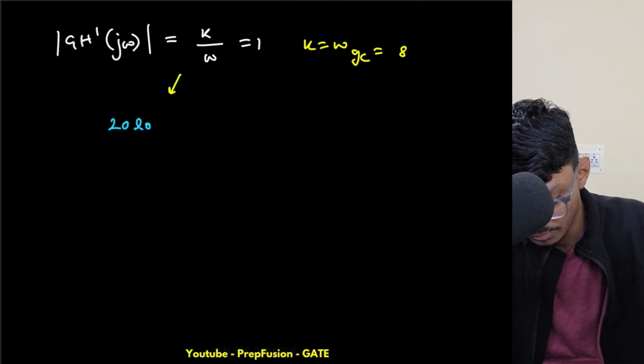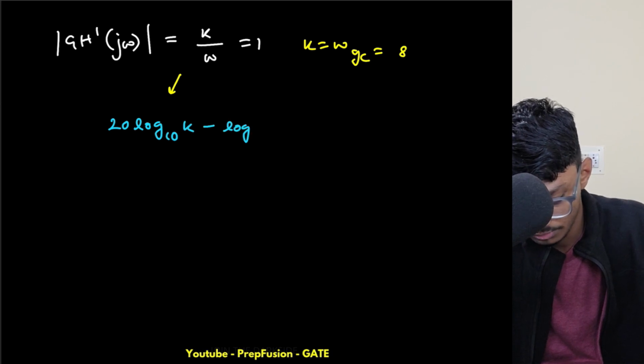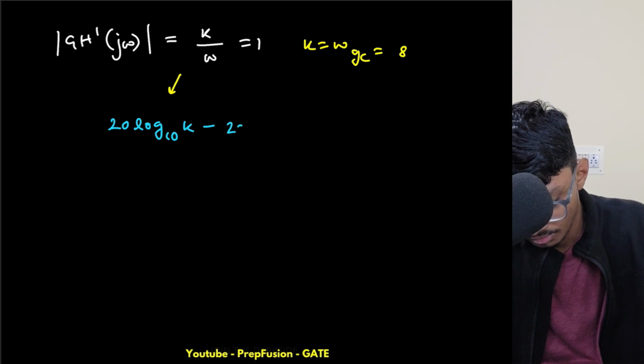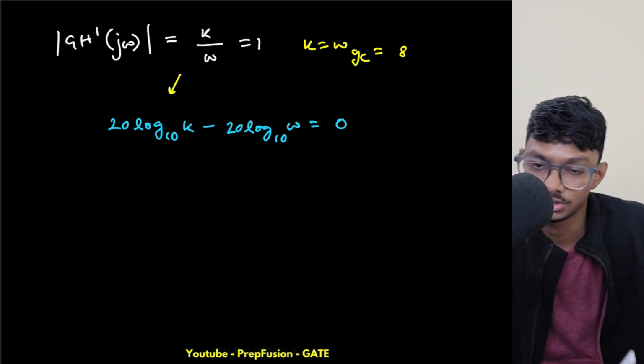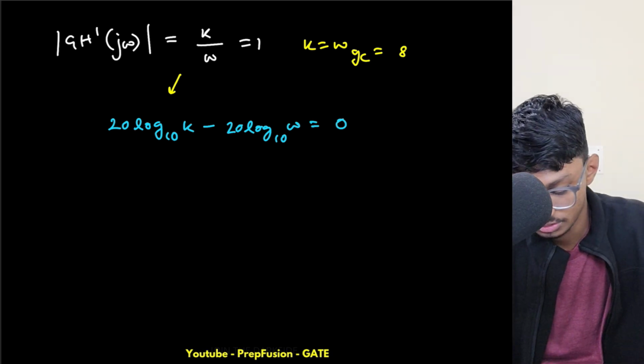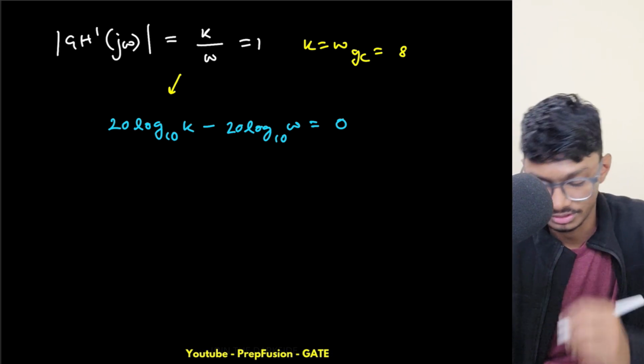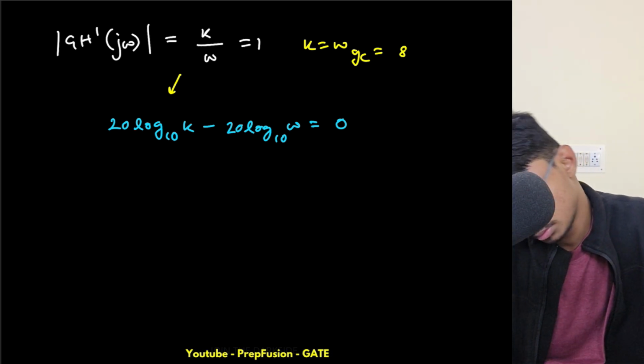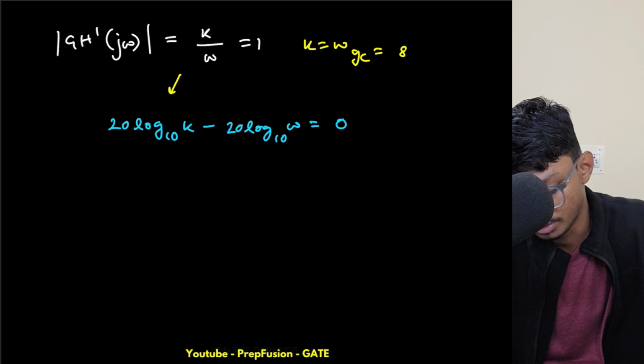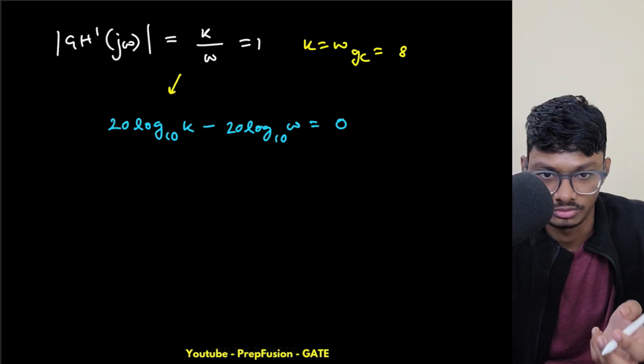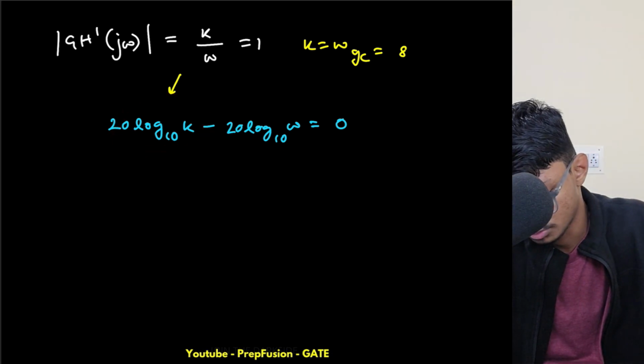Basically taking the same thing only, 20 log base 10 K minus 20 log base 10 omega equals to 0, because log base 10 of 1 is 0 always. So at unity gain frequency the log is 0. From here also you can understand that K equals omega itself.